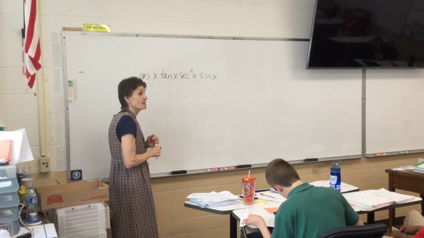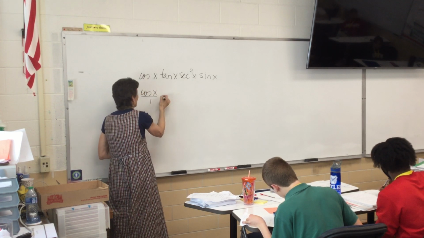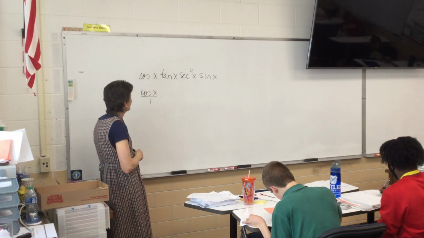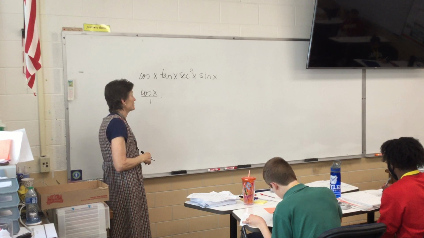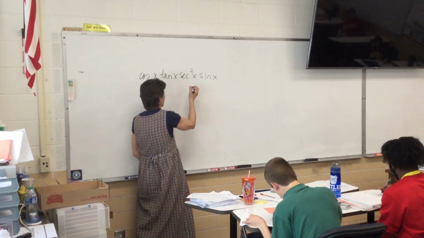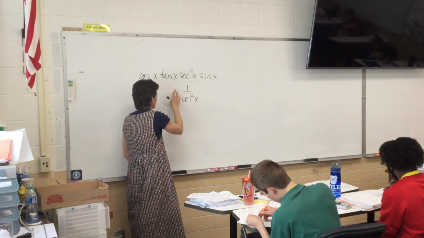Yeah, change them all into sines and cosines. So cosine's already cosine. I like to put them over 1, but you don't have to do that. Note, secant is 1 over cosine, so this will be 1 over cosine squared. That's what secant is.